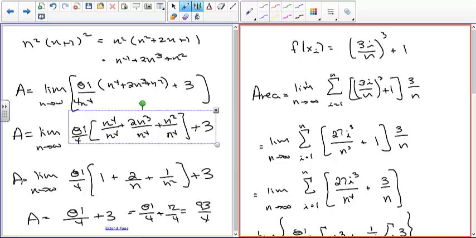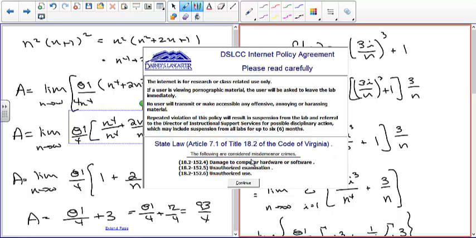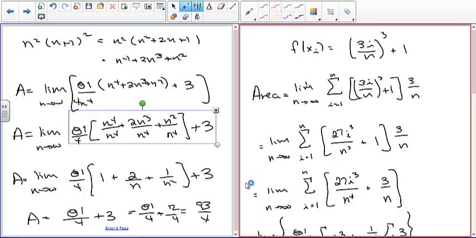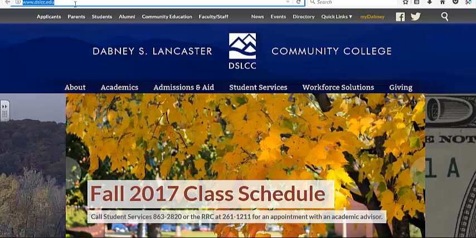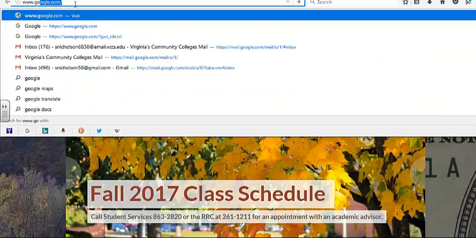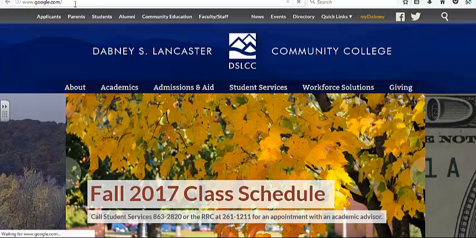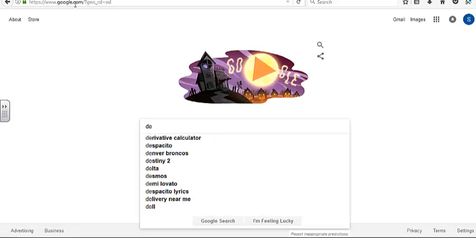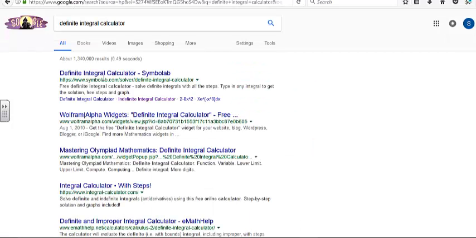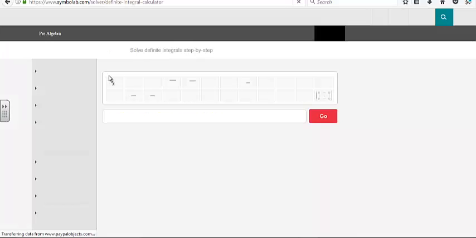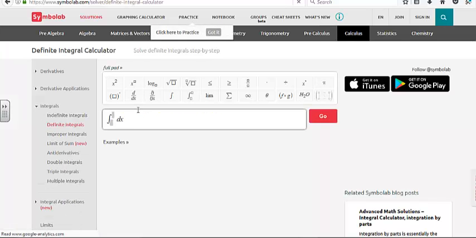So I'm going to show you something just for your information. This is how I check to make sure I do my problems right when I make up a test. I go online. And there are actually things that do all this for you. Well, it doesn't do it this way, but it does it other ways, but it'll check my answer. So if you go to Google and you put in definite integral calculator, and that looks good. And you can put in your equation.